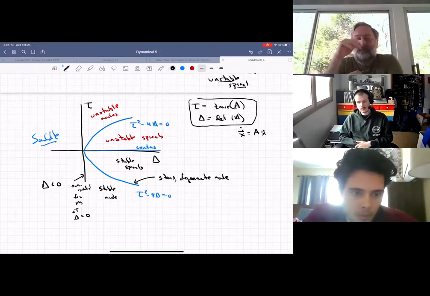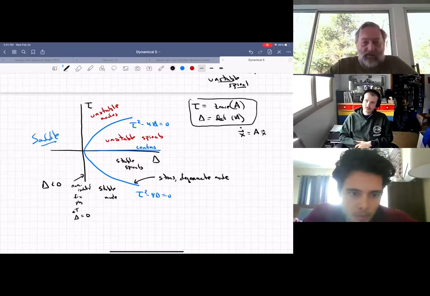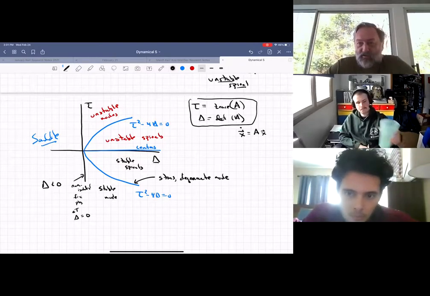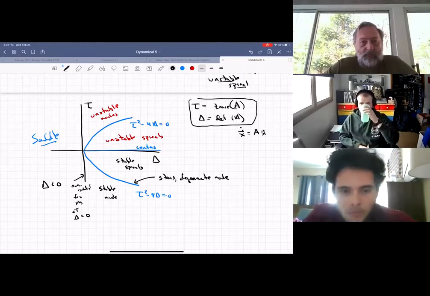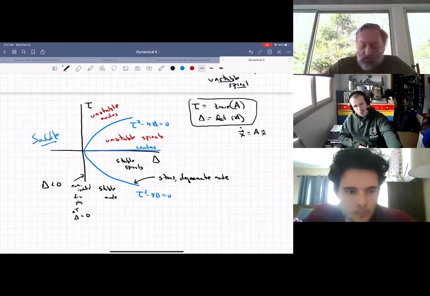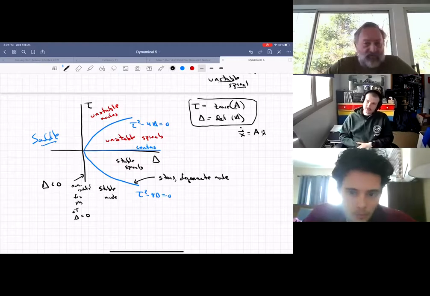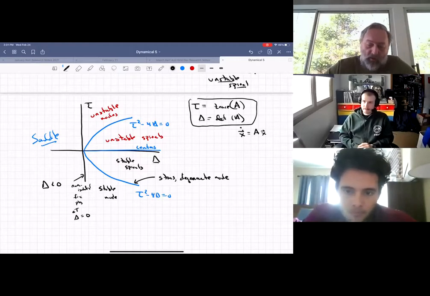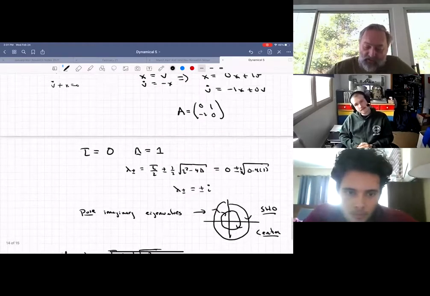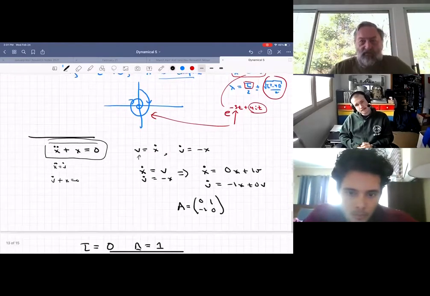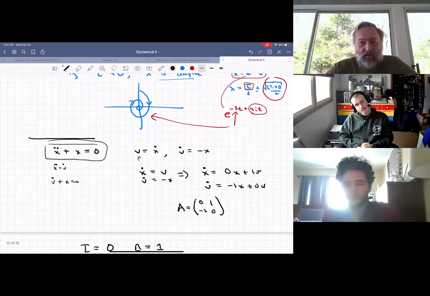So you can characterize a 2x2 system simply by looking at the trace and determinant. What we should probably do next week is a bunch of examples. I'll put up some homework where you actually go through the process and get the eigenvalues, get the eigenvectors, draw the phase portrait, and understand what it means.